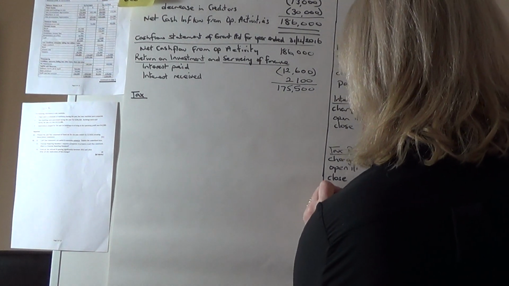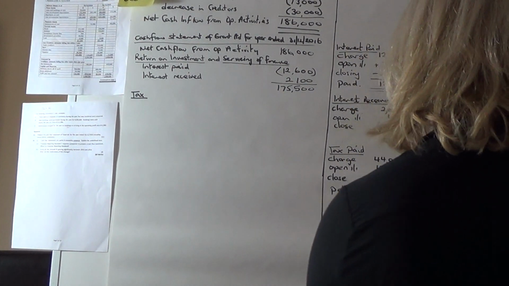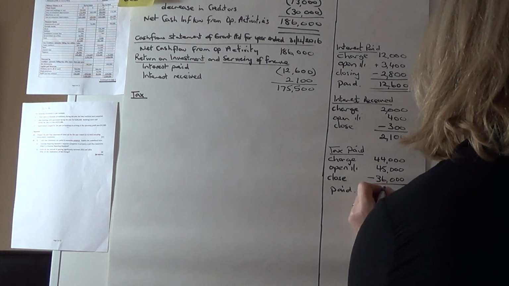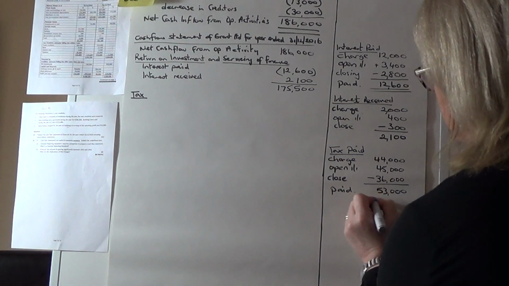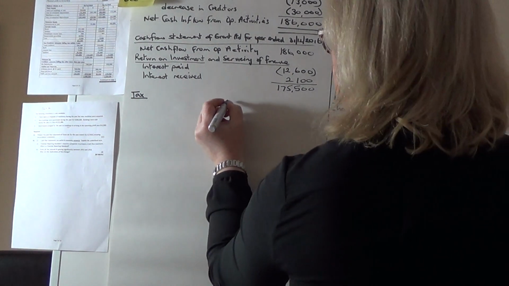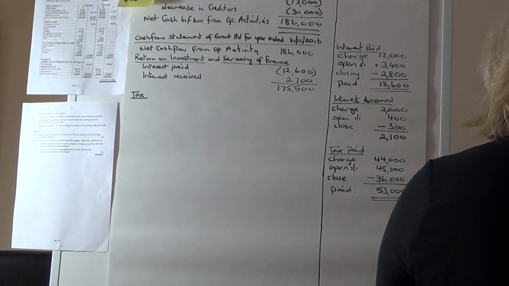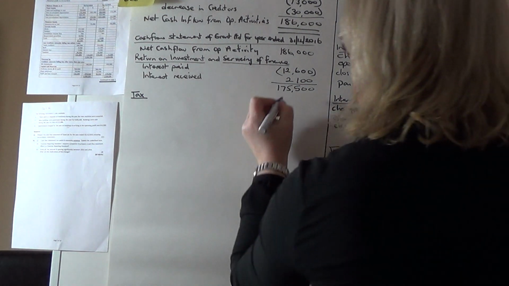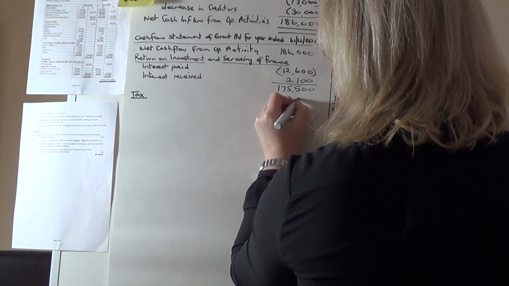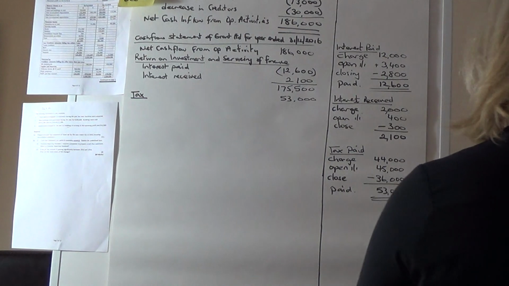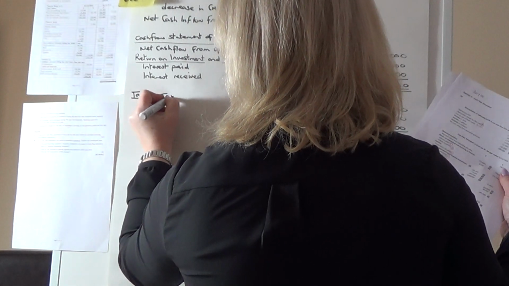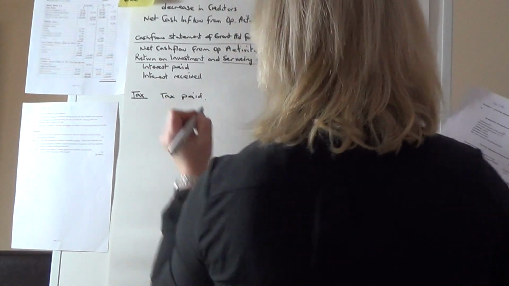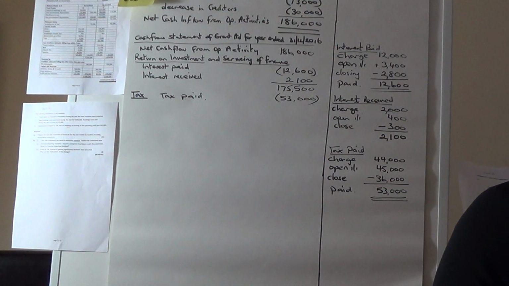So what we've actually paid in tax is the difference there of 53. So 53,000 is our tax figure. And again, it's obviously a minus. That's our tax paid.